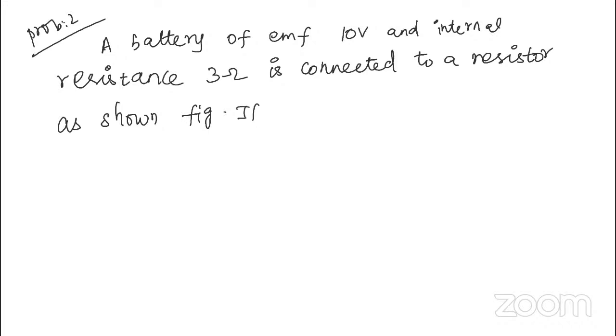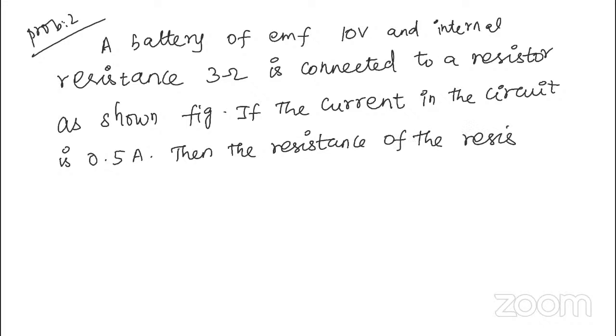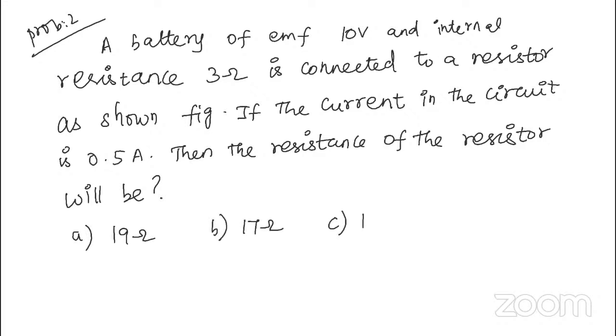So if the current in the circuit is 0.5 ampere, then the resistance of the resistor will be: A, it is 19 ohm, B, it is 17 ohm, C, it is 10 ohm, and D, it is 12 ohm. Okay, so let us find out the answer.